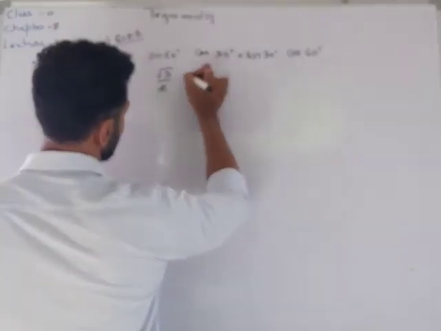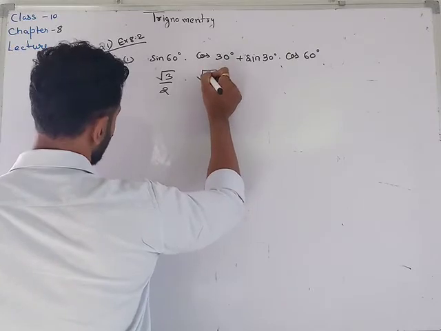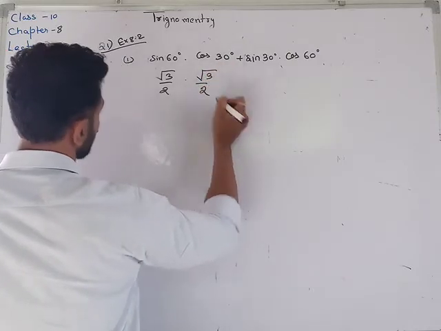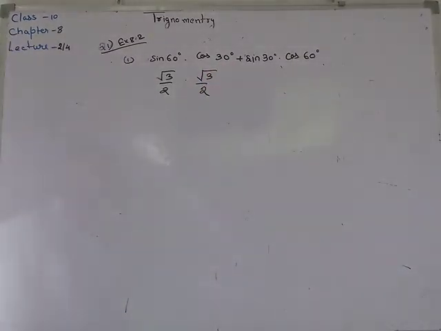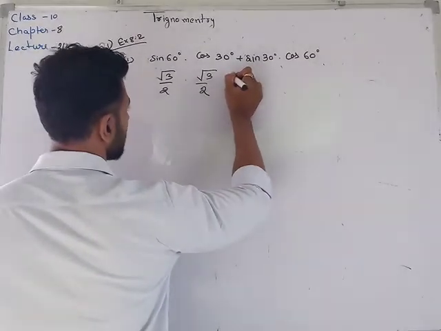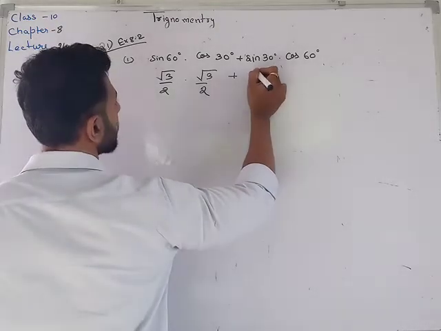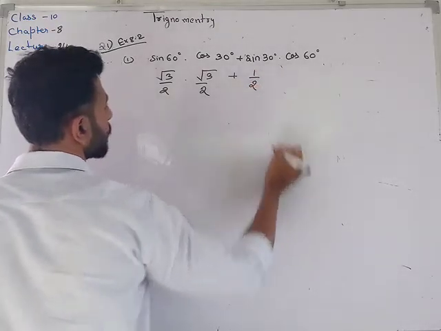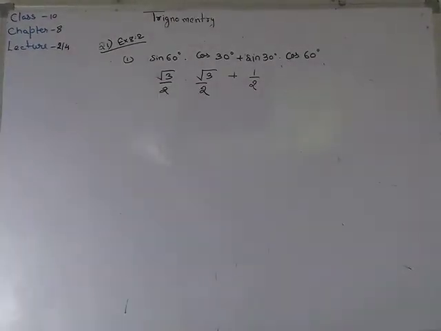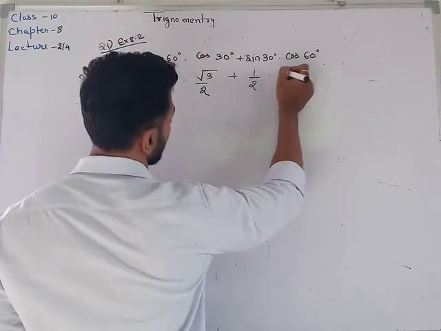Cos 30 is root 3 by 2. Then sin 30. Sin 30 will be 1 by 2 and cos 60 will be 1 by 2.